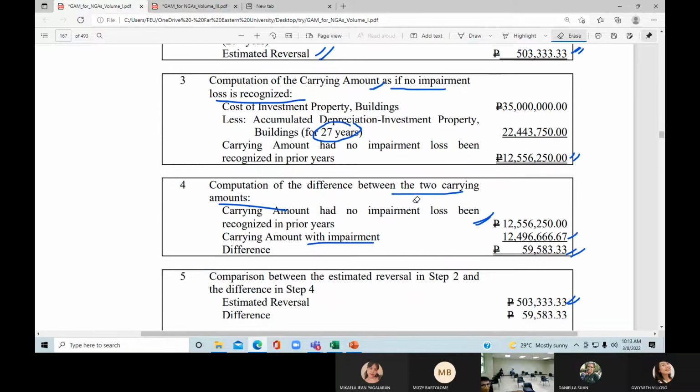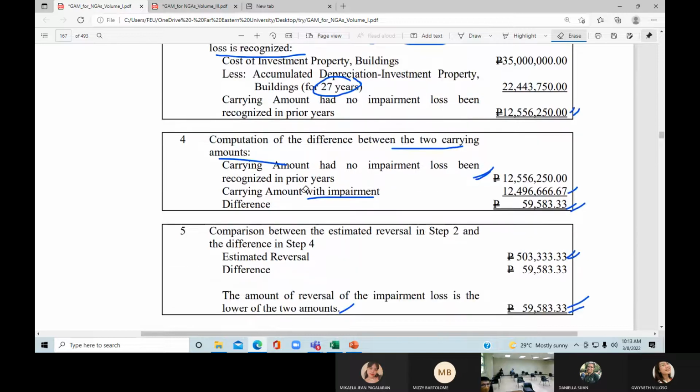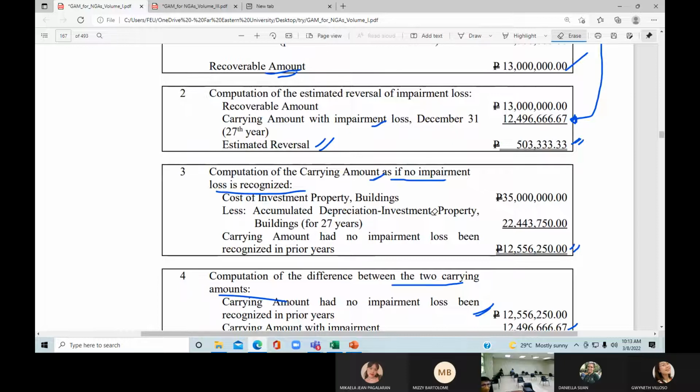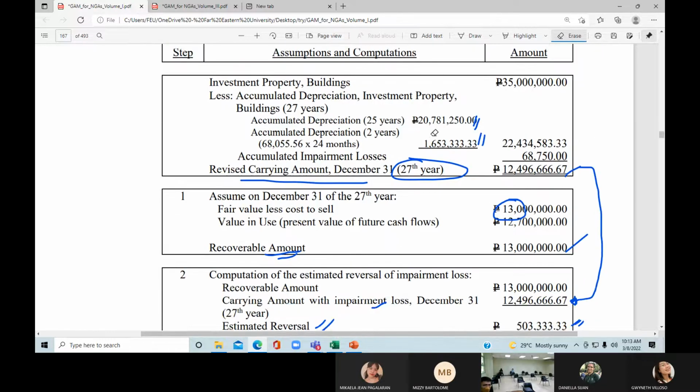So accumulated depreciation of the investment property for 27 years, 22,443,750. So try nga natin tong compute.